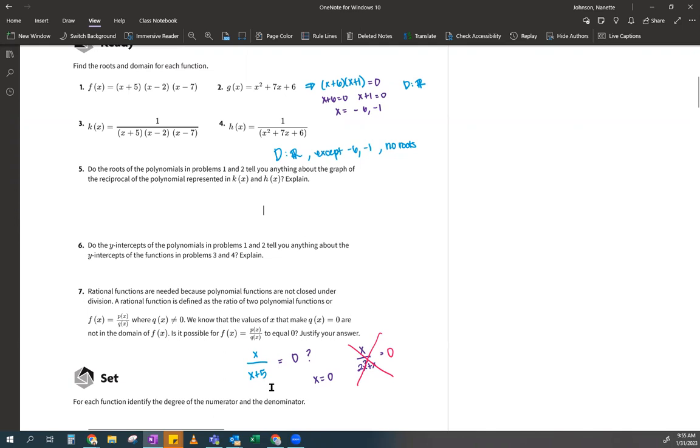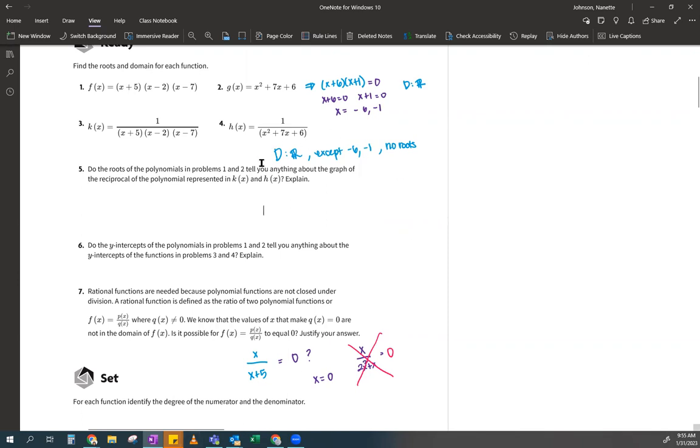See how it doesn't bother it? Watch. If you're not sure, Ms. Johnson, what do you mean by bother it? Plug it in. 0 divided by 0 plus 5. Oh, that's 0 divided by 5. If you had $0 between you and your 4 friends, how much money do you get? 0, right? Here you would get an answer of 0 over 0, which you guys should be like, red lights, Ms. Johnson. You told us we can never have 0 in the denominator, right?